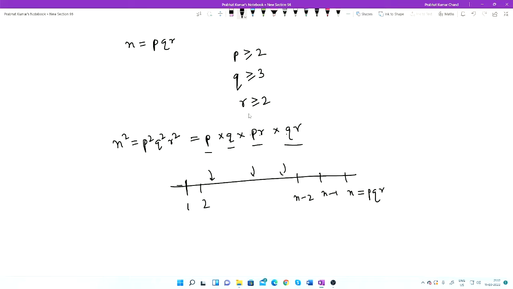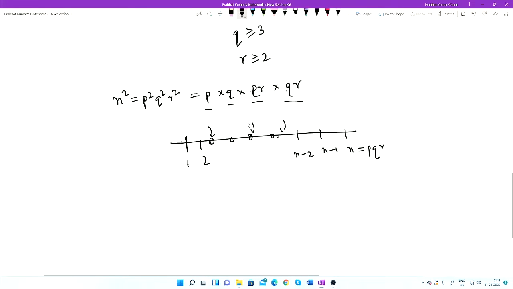Now if we can prove that p lies somewhere here, q lies somewhere here, pr lies somewhere here, and qr lies somewhere here, so that all four numbers lie between 1 and n minus 2, then obviously their product, n square, will automatically divide n minus 2 factorial. So let's see how we can prove that all these numbers are at most n minus 2.